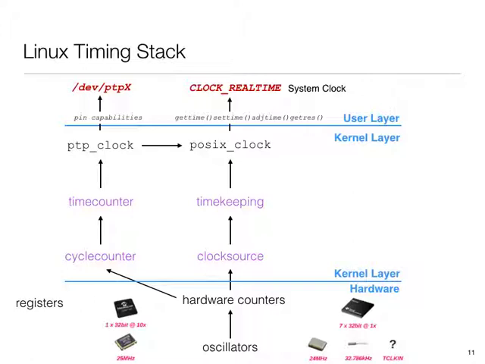So if you have any kind of event on one of those I/O pins, this PTP clock can timestamp it very precisely in hardware, and also vice versa. If you want to generate a very precise event in hardware on some of the pins, based on the PTP clock's time, you can generate the event on a particular pin.